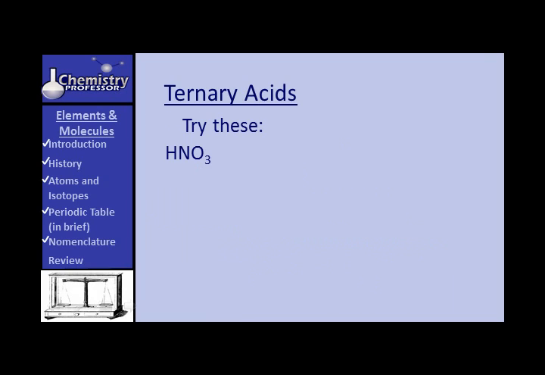Try these. Here's this one. What's the charge on the radical? Yep, -1. So look at it, and what's it going to be? I get nitric acid. How about this one? What's the charge on the radical? Look it up. What's the radical? Do you see it? It's the carbonate.